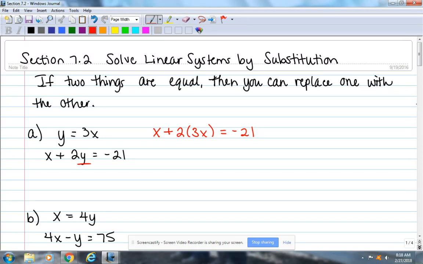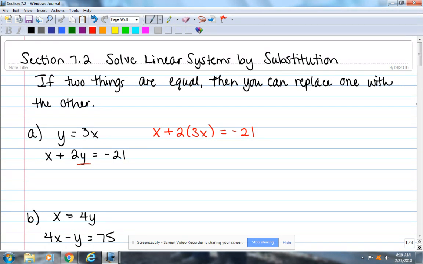Now, I only have x's now, don't I? Right? Can I solve an equation that only has x's in it, instead of an x and a y? Can I solve for x now if I only have x's? I can. That's the whole point in substitution, so that you get it to where you only have the same variable in the same equation.